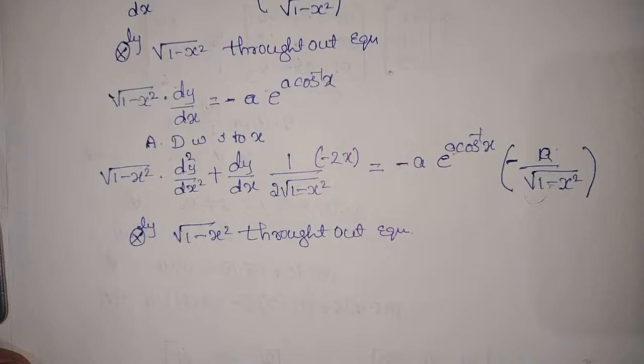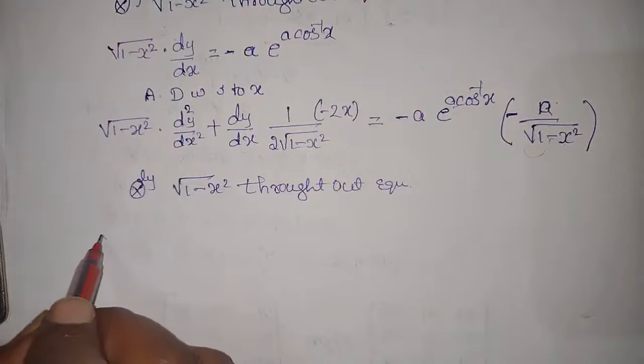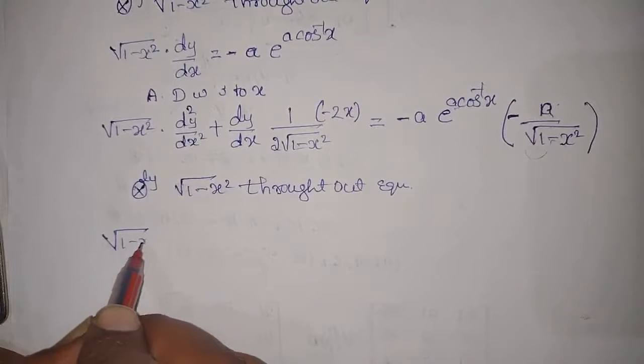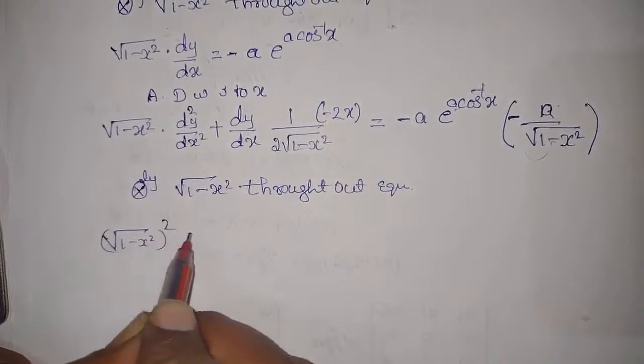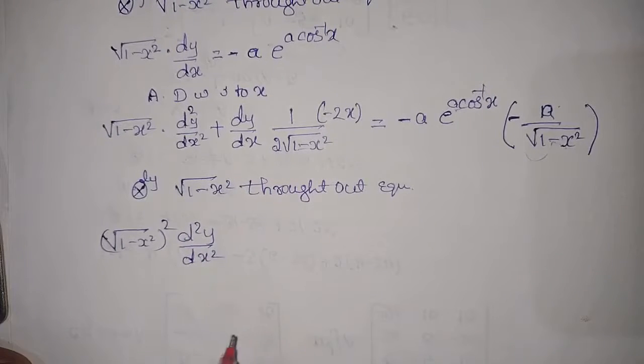Clear? If you multiply by root of 1 minus x square, on the left hand side we will get root of 1 minus x square whole square into d square y by dx square, is it right?